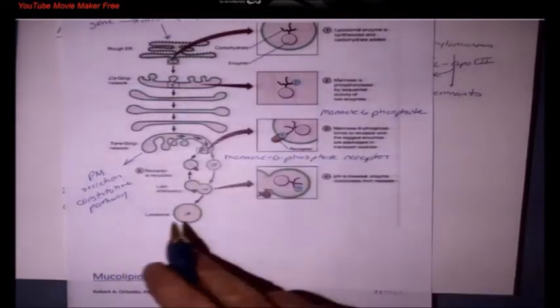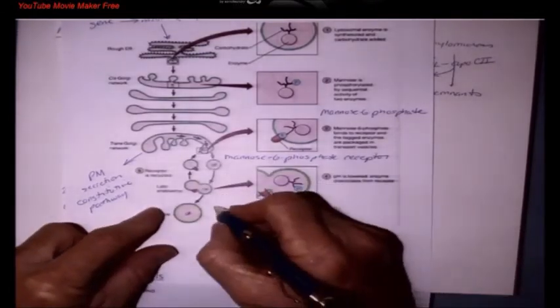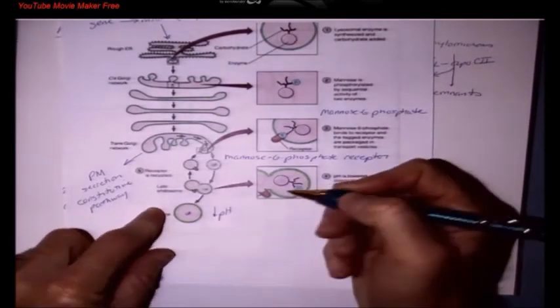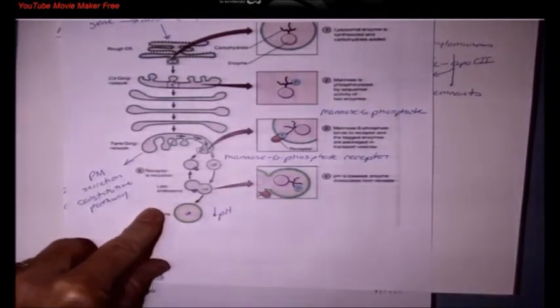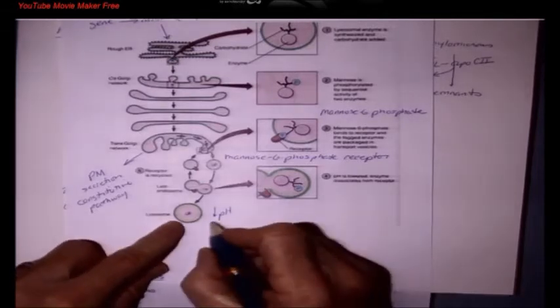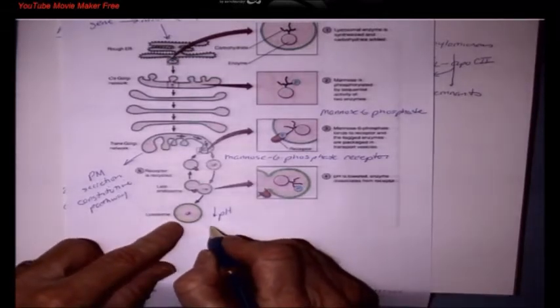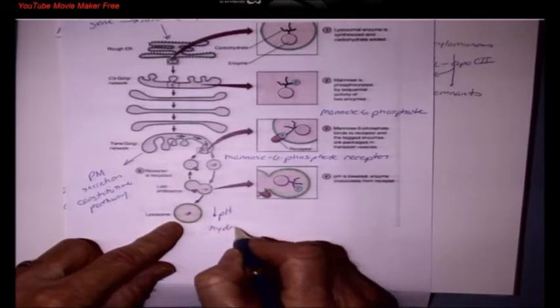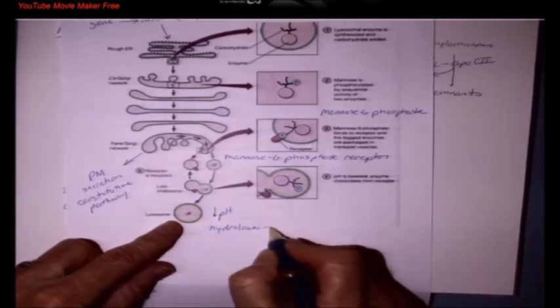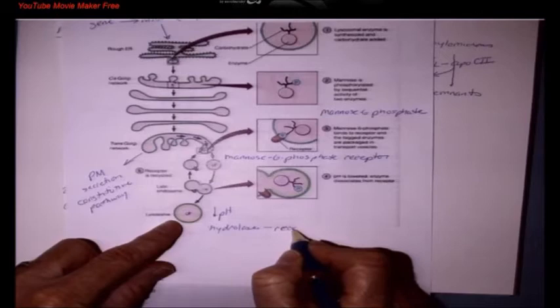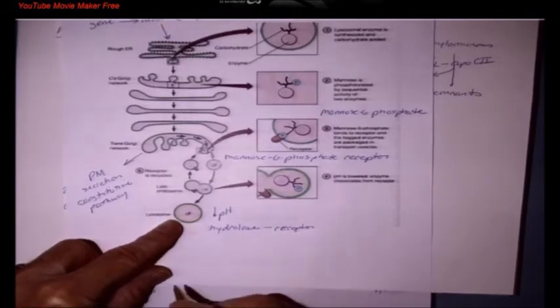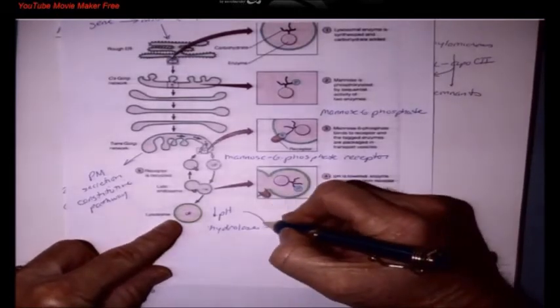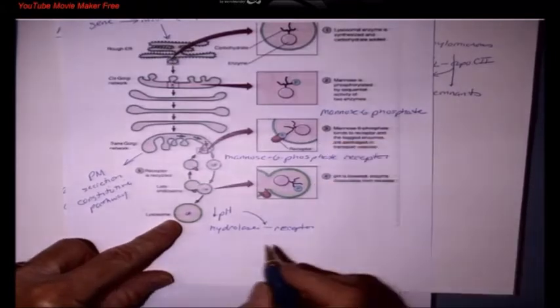Now, once this complex reaches the lysosome, it encounters the reduced pH because of that V-ATPase transporter. Then the hydrolase that's bound to the receptor dissociates because of that low pH.